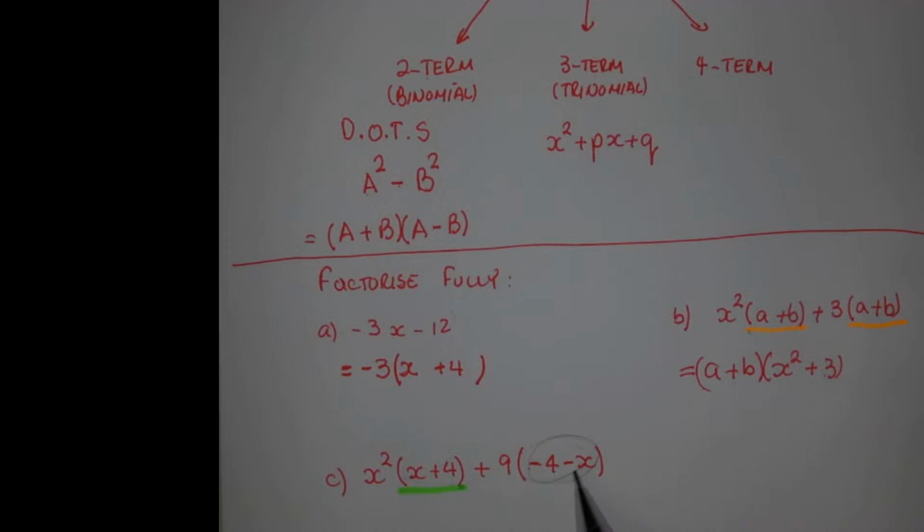So I could convert this bracket to look exactly like that by simply taking out a common factor. By making a simple change of sign and changing that into a negative, I will be able then to remove the minus from the 4 and the minus from the x. Now, because they are both positive, I can then rearrange them and write them both in this way.